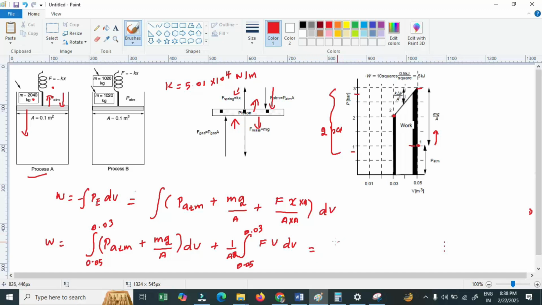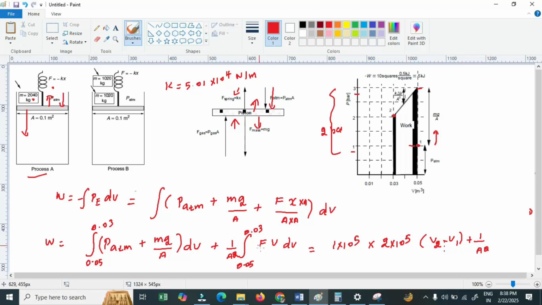Here I can take 1 multiplied by 10 power 5, plus mg divided by A, that is 2 multiplied by 10 power 5, multiplied by, we integrate dV, we get V2 minus V1, plus 1 divided by A square.